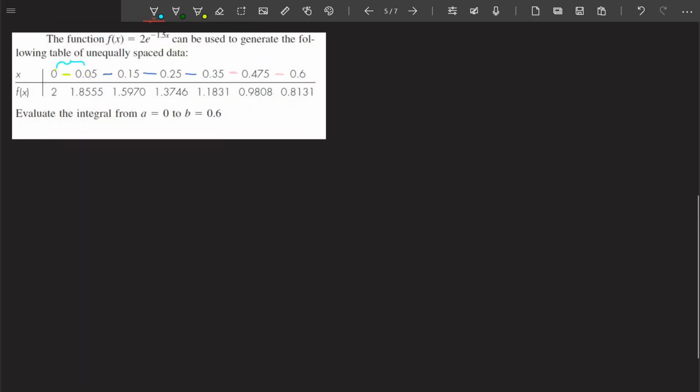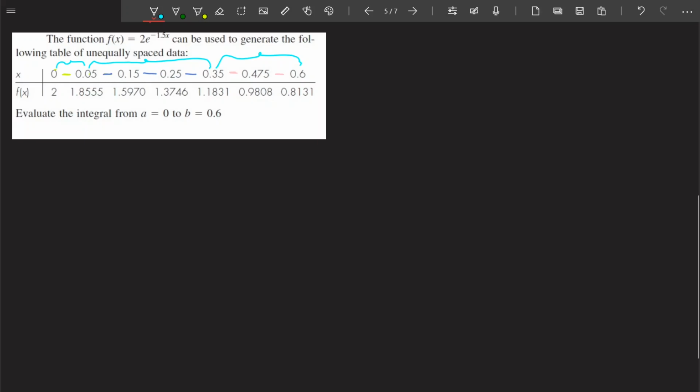This is a different segment. Starting from here till here is a different segment, and this from this is going to be a different segment.